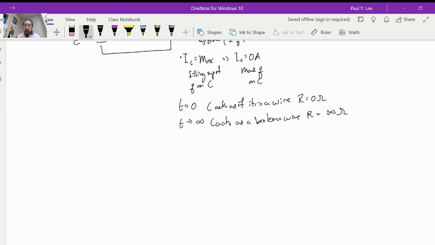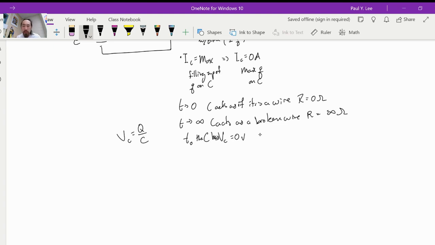And with this, we can say that at time 0, the capacitor has a voltage of 0 volts. The reason we can say this is because the formula for the voltage of a capacitor is charge per capacitance, so it's how much the capacitor can hold.